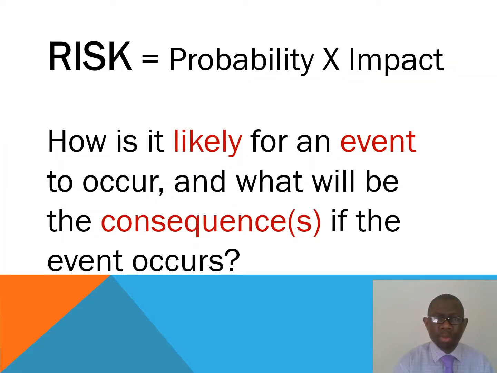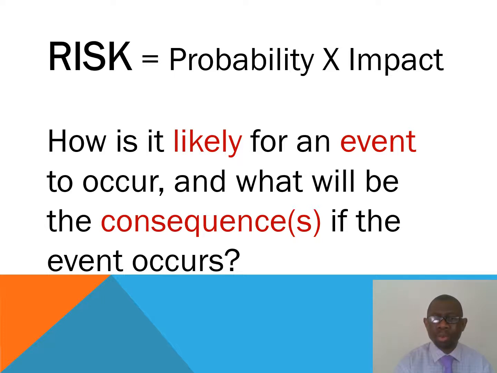Today we want to talk about risk. What is risk? Risk is probability times impact. You might wonder what probability we're talking about here and what the impact is. Looking at risk from the IT perspective, let's narrow it down so that we have a focus on a particular field. How likely is an event to occur?